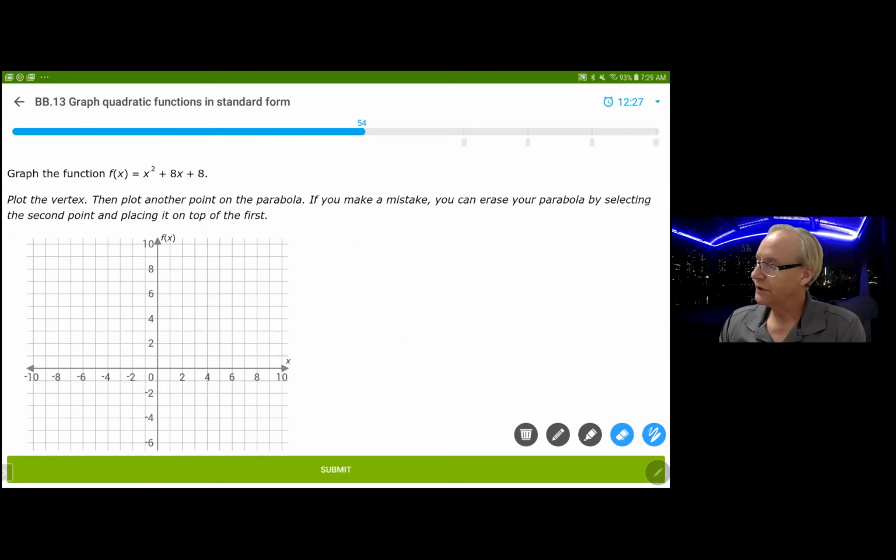All right. Negative b over 2a. I'm going to go a little faster. Oops. Come on. There we go. Negative b over 2 times a is negative 4. This one's different. So we're going to substitute the negative 4 in. We're going to find f of negative 4, which is the y value when x is negative 4.